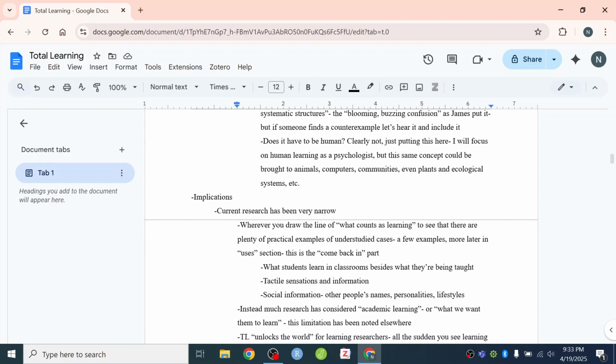And what about social information? Again, this is beginning to be studied more frequently in social and emotional learning contexts. But other people's names, personalities, lifestyles, this could get into what students are learning in classrooms besides what they're being taught. All of these kinds of learning would be within the total learning framework, but have been understudied to this point.